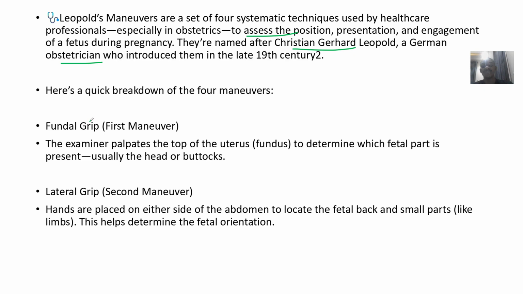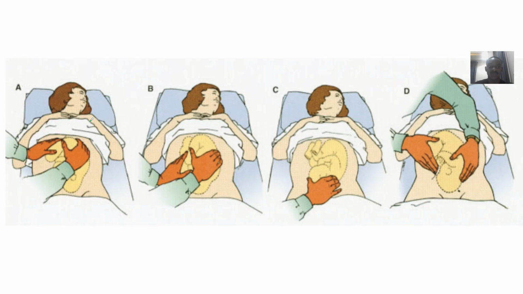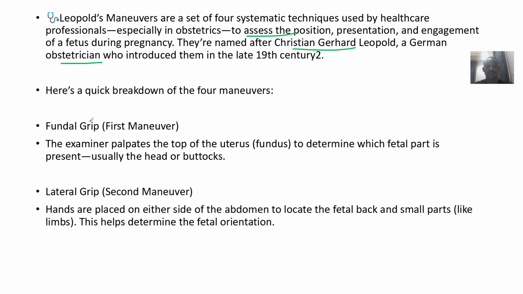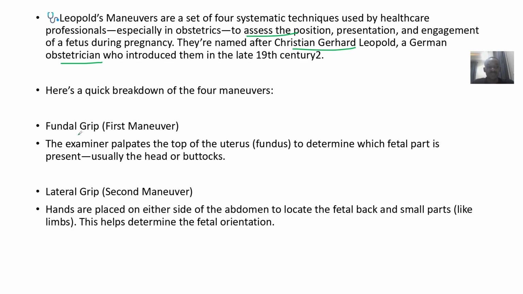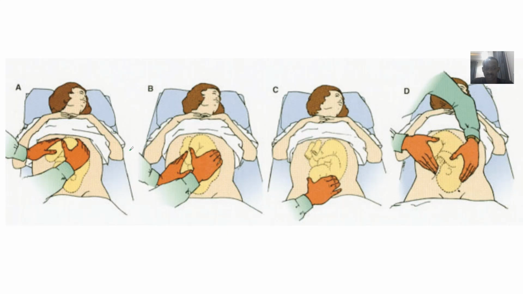Looking at the different types now, let's start from here, because it's basically the same thing. Here you're holding the baby from the buttocks. The first one is the Fundal Grip. The examiner palpates the top of the uterus, the fundus.